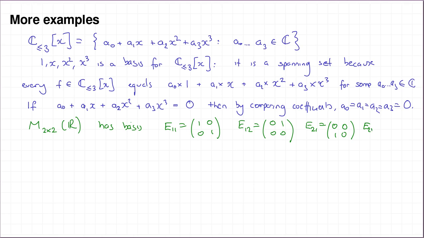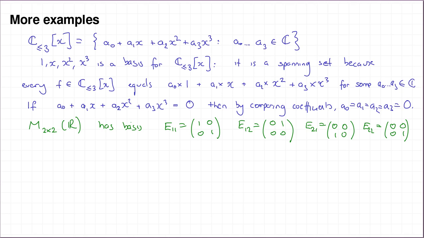And e22 will be 0, 0, 0, 1. Really, this is just like the standard bases for spaces of column vectors, except for matrices instead of column vectors. And again, it's very easy to prove that it's a basis.